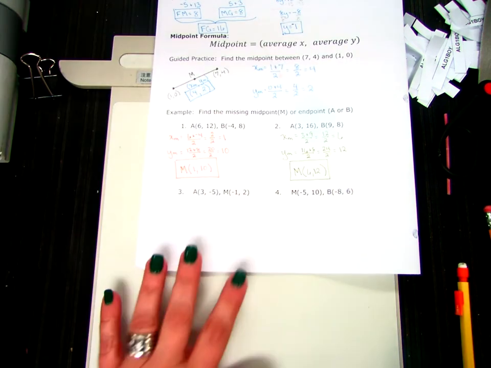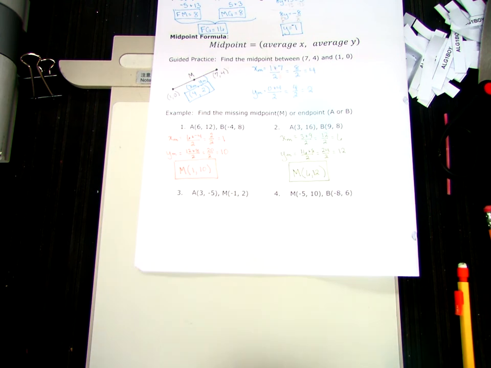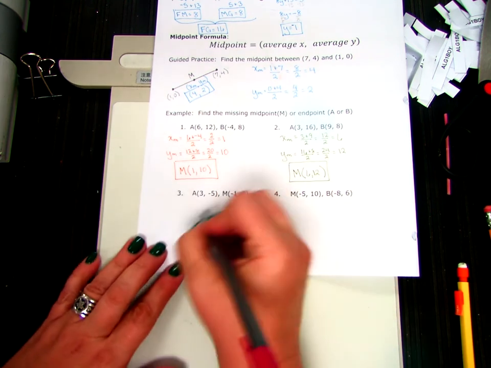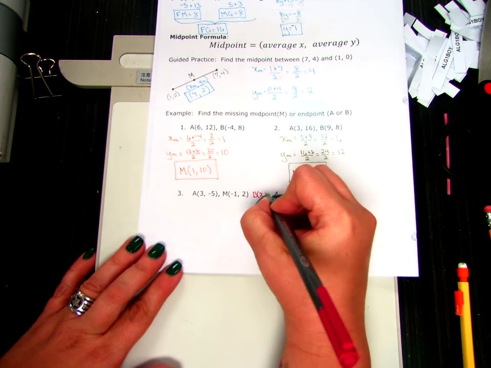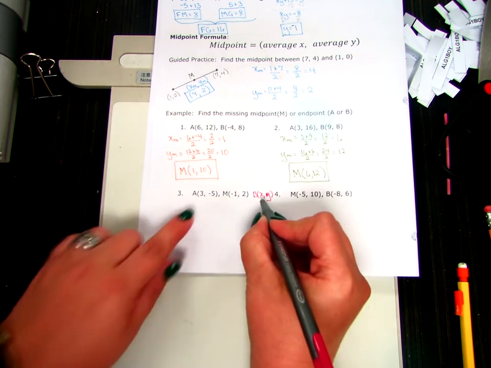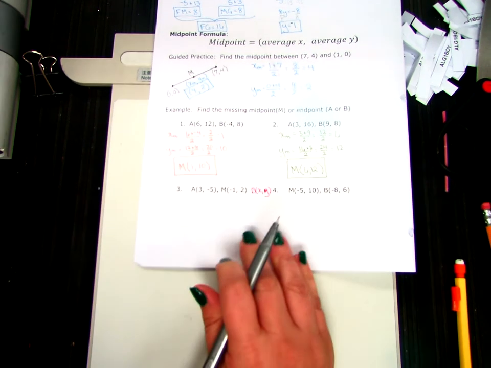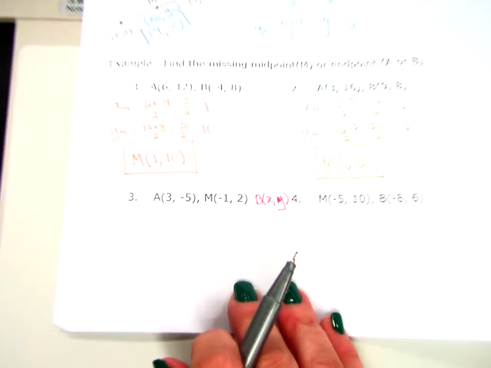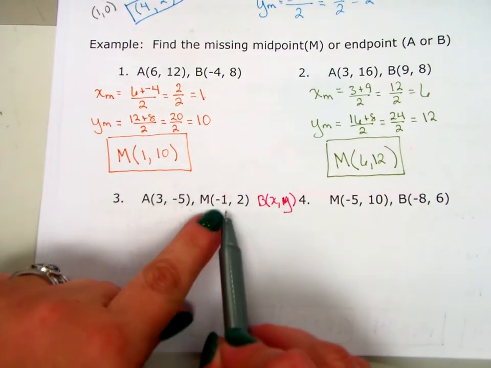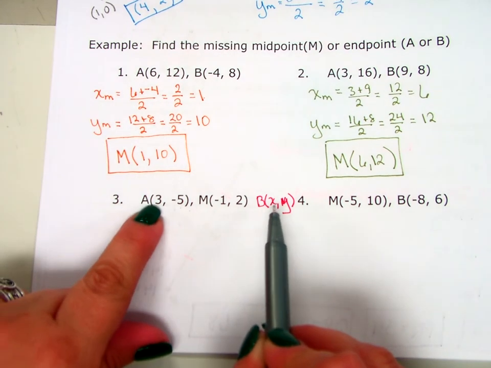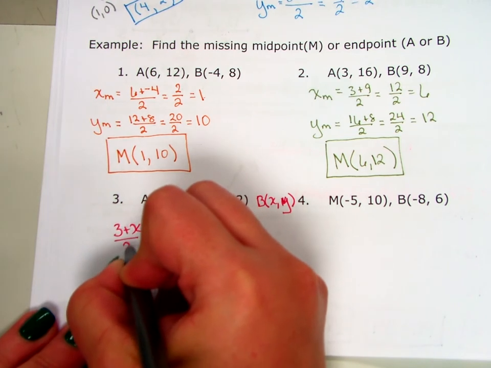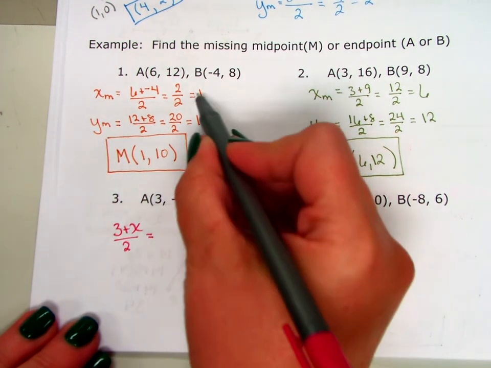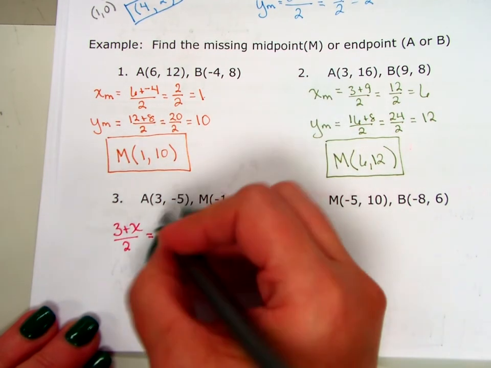So what we're really doing here is, I've got A and B and my midpoint M. If I take my x's and average them together, so add them together, 3 plus x, and divide by 2, I know that's going to give me my midpoint, negative 1.